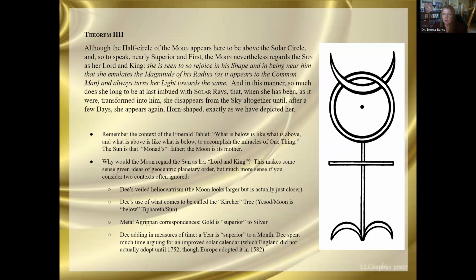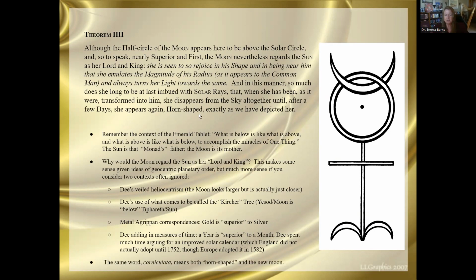Farmers knew the calendar was off. Winter wasn't falling when it should be falling. And so Dee argued to have a new calendar accepted. Now, England didn't actually do that till 1752, although European countries did in 1582.